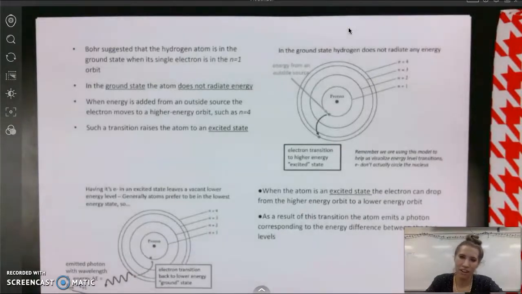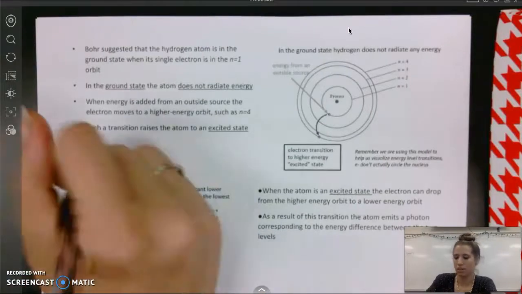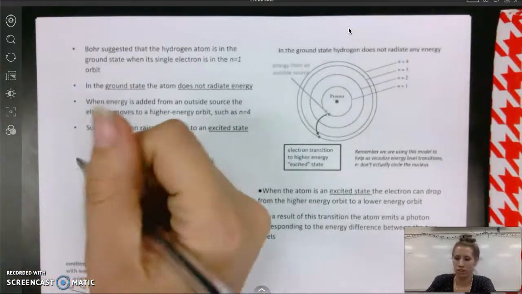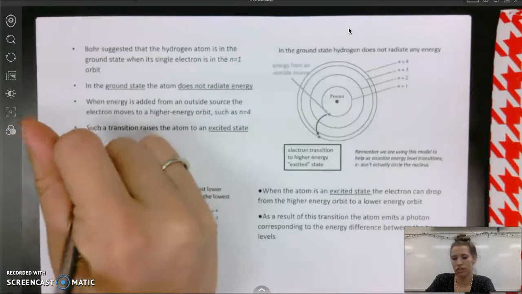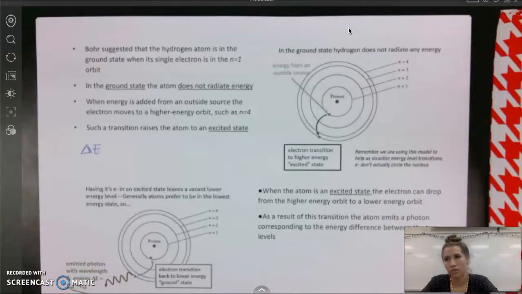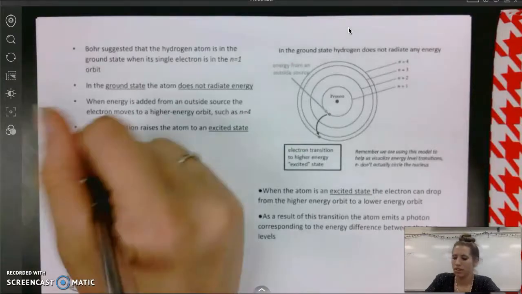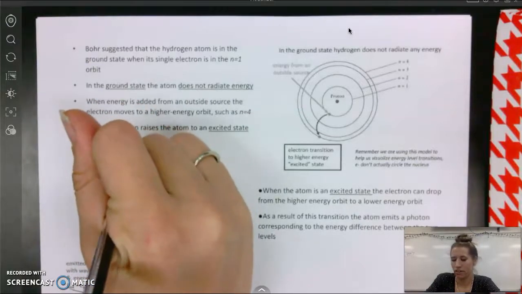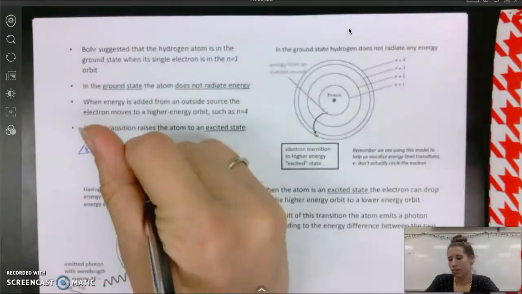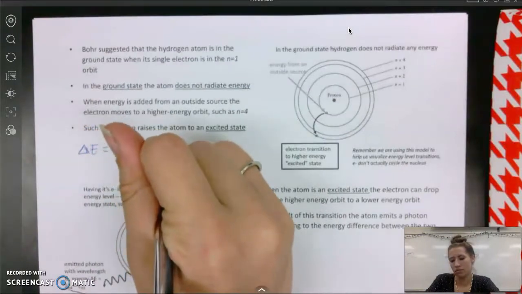And we took this idea and we said that the energy of the photon that's being emitted must equal the change in energy. So if I do the change in energy of this electron, in order to make that change, it has to emit a photon of equal energy. This would be the energy of the higher energy level minus the energy of the lower one.